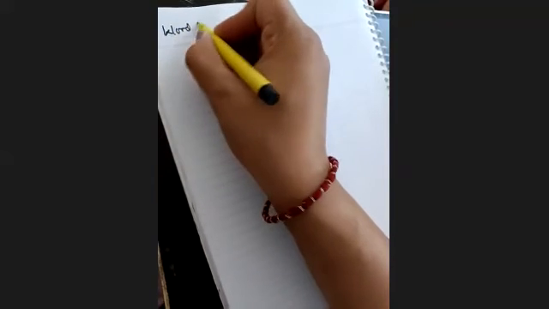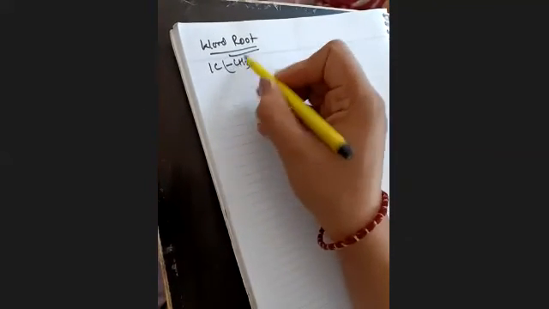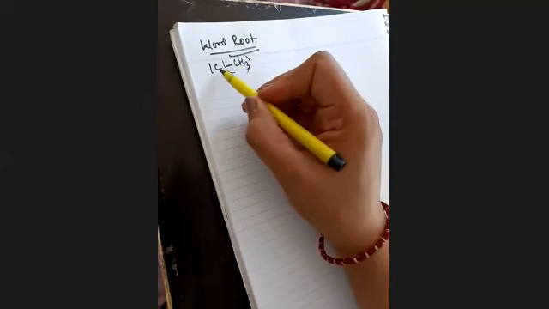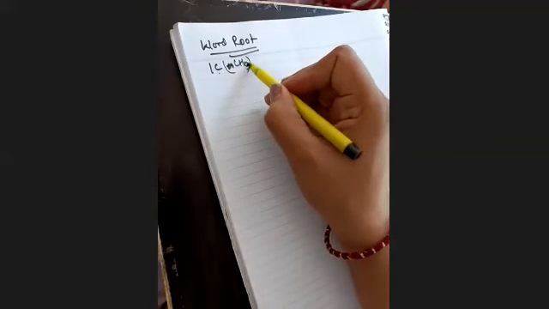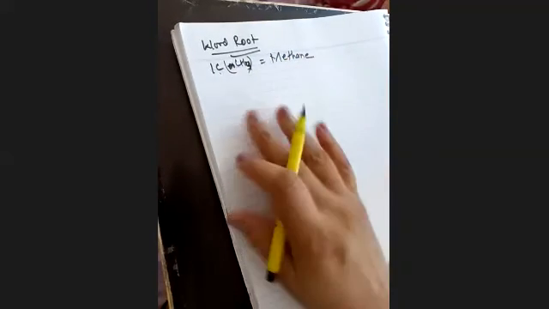Let me take 2 minutes and start. Let's just continue with word root. If you have 1 carbon in word root, for example this CH3, that will be meth.